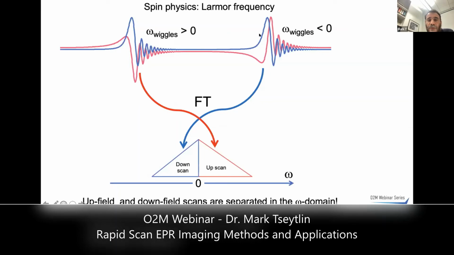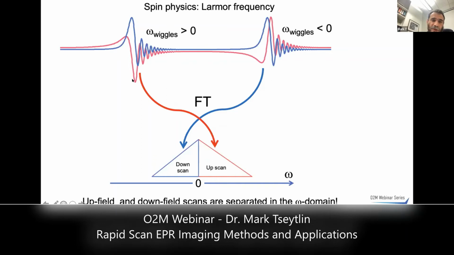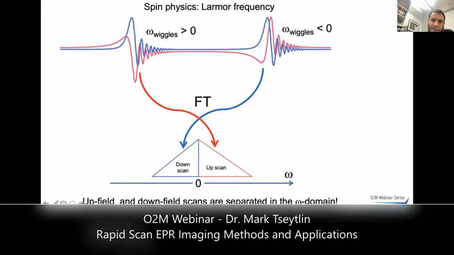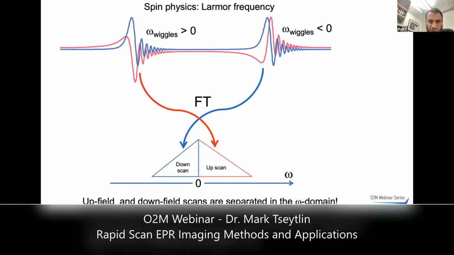When you go down field, the frequency decreases. Now if you take the Fourier transform of your signal, the up-scan signal appears on one end in the frequency domain, but the down-scan signal appears on the opposite end. So your up scan and down scan rapid scan signals are completely decoupled in the frequency domain, thanks to this spin physics.